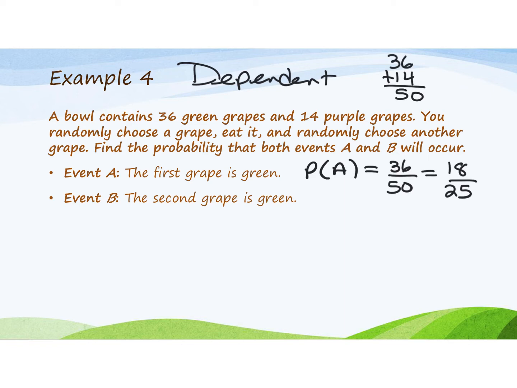So now for event B, given that A happened, I now have only 49 grapes because I took one out and ate it. And I assume that the grape I pulled was green, so now I only have 35 green grapes.